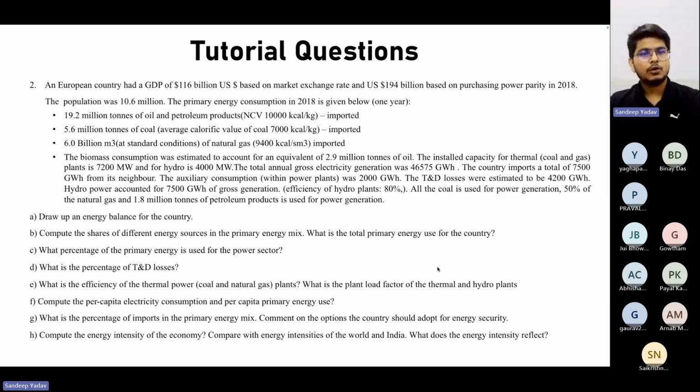So we have to draw the energy balance, compute the shares of different energy sources, and the primary energy percentage. These are the same things that we have solved in this question. So you can take this as a question to solve yourself. If you have any problem, I will surely solve that question in the next class.